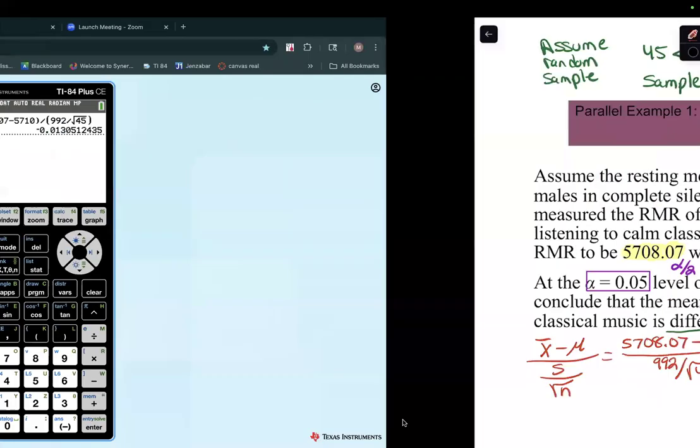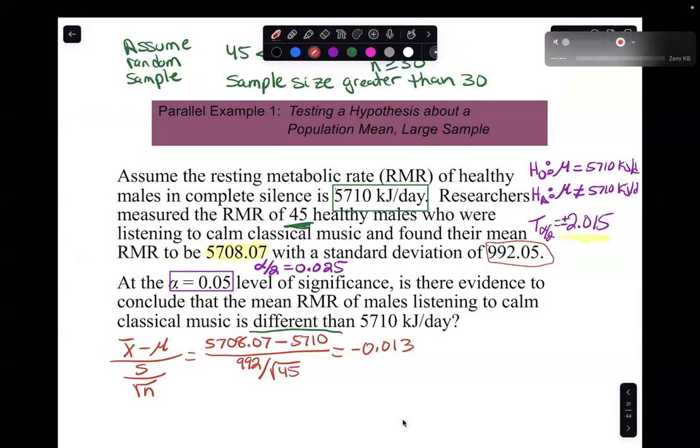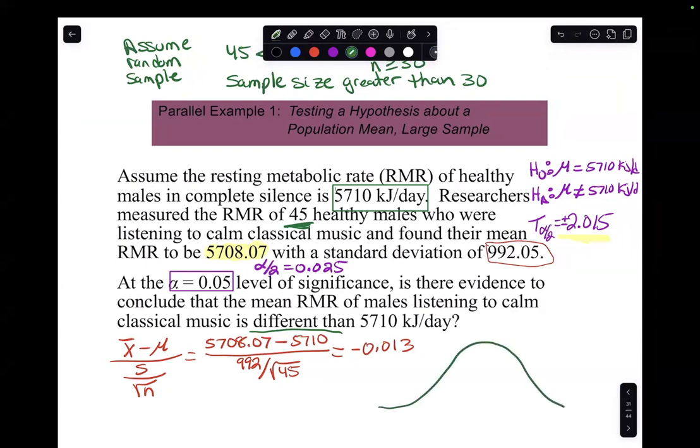Okay. So coming back over here, I'm going to draw the picture. Here's my picture. So my mean is right here. This is 5710. And I have z-scores or t-scores going both directions, 2.015, negative 2.015.